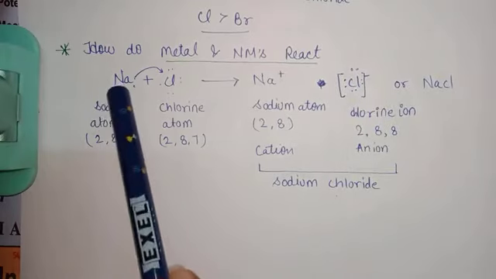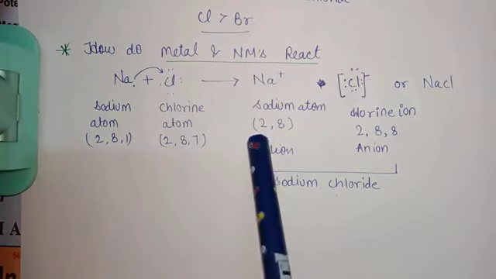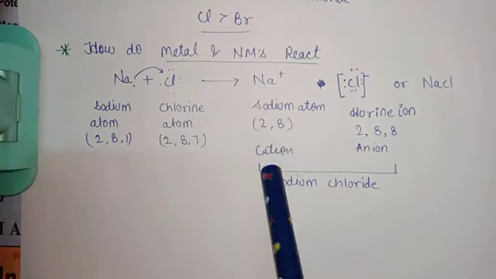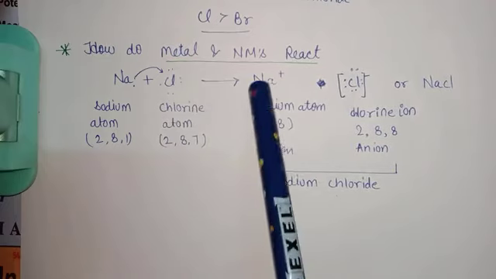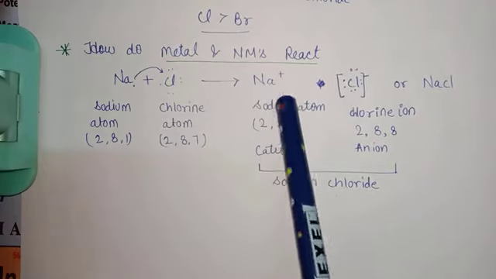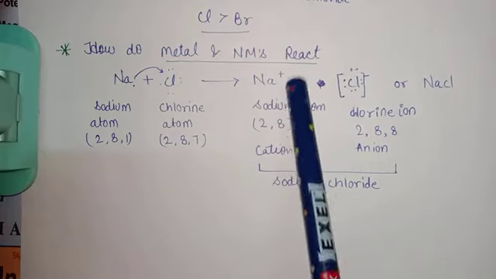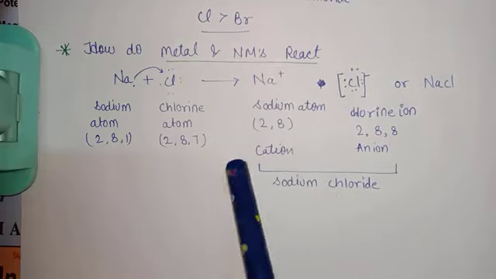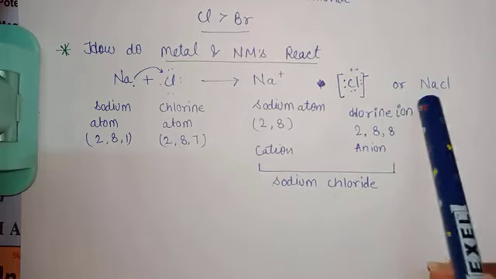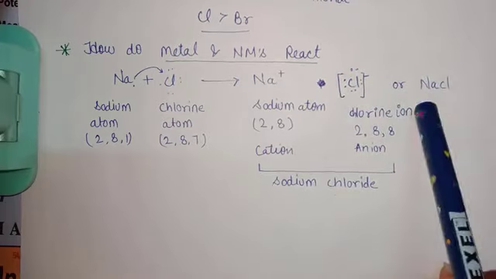And sodium gives one electron, so it has only 2,8 electrons in its outermost shell and becomes a positively charged particle. A positively charged particle is called a cation. With this it gives sodium chloride.